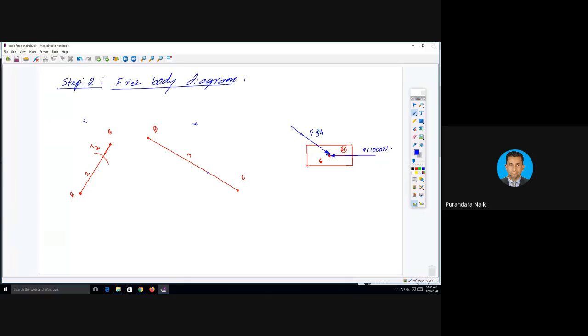What is the meaning of F34? Force by link number 3 on link number 4. This number indicates from which link, and this number indicates on which link. That is force by link number 3 on 4.